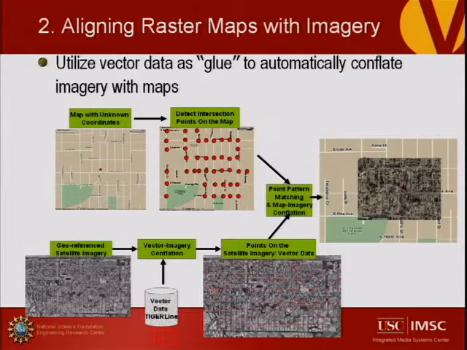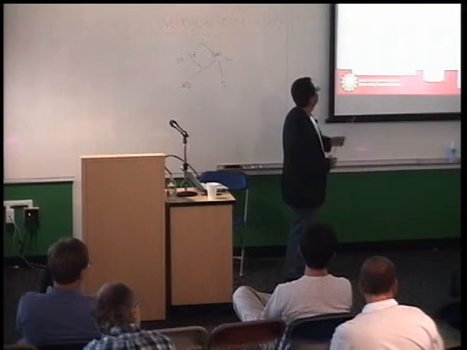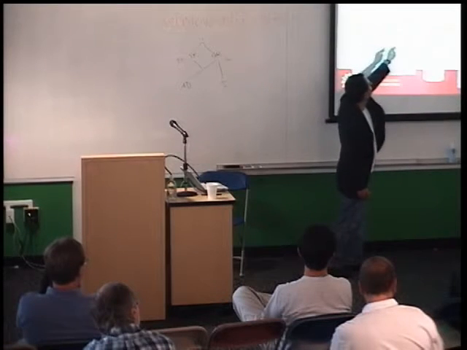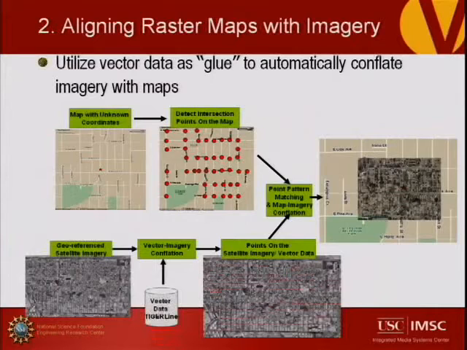So here is our approach for this problem. We basically start with the map. I will talk about map processing techniques where we identify the intersections of the roads on the map. And the same technique that I just described for the vector data, we use to find the intersection points on the image.